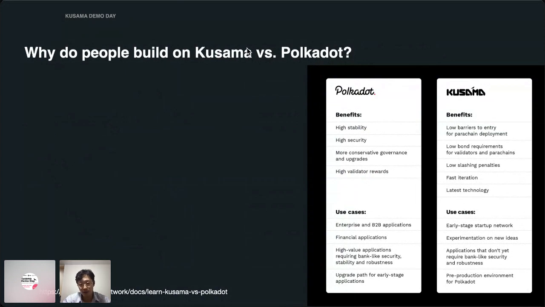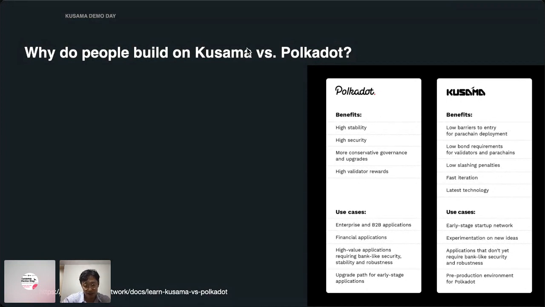For example, on the Kusama ecosystem, there are lower barriers to entry for parachain development. There are lower bond requirements for validators and parachains, lower slashing penalties, faster iteration, and the latest technology. What that enables is, instead of enterprise-focused applications on Polkadot, we are likely going to see more experimental applications as well as more retail-focused applications, more early-stage startup applications.